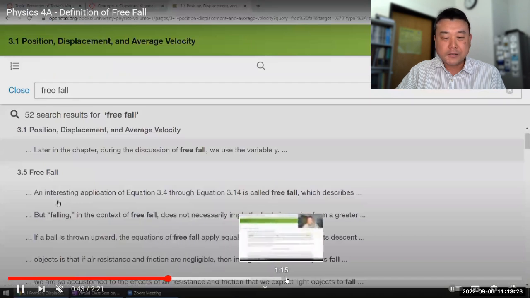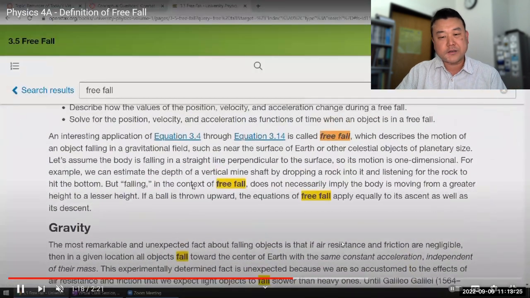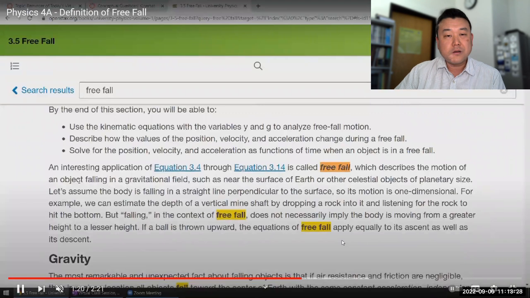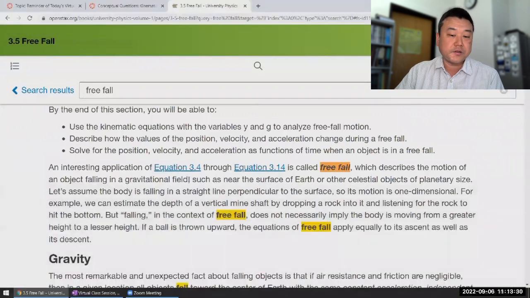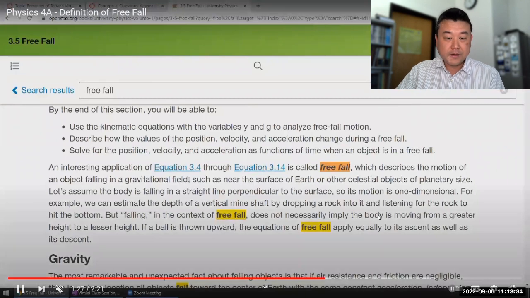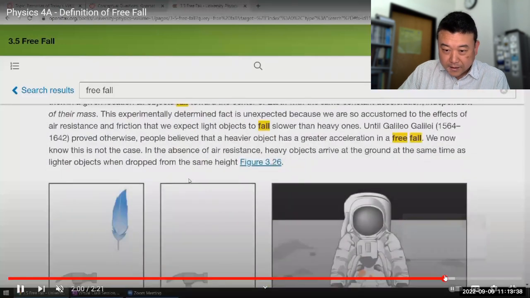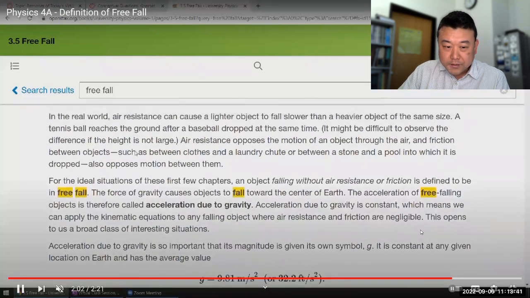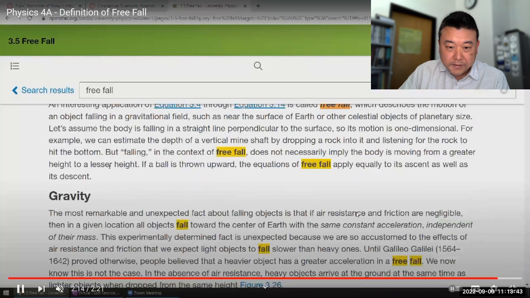Really all that this video gets to is our almost mathematical definition of free fall. So when you look at section 3.5, we do define free fall, and I think I pointed that out towards the end here.